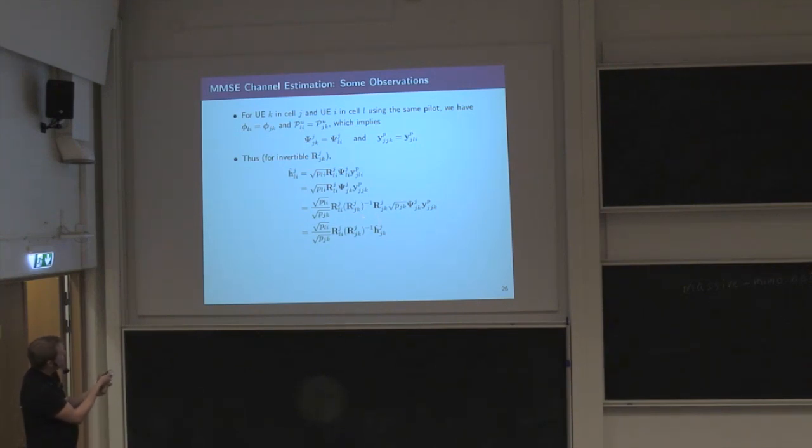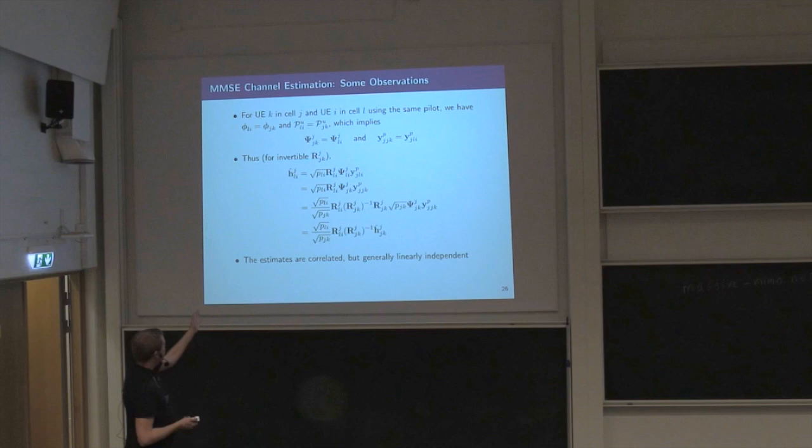The only thing I need to do is take the inverse of a covariance matrix, multiply it with that one, so I remove my own covariance matrix, then multiply with the other user's covariance matrix, and then I rescale for the powers that they're using, potentially different powers, and then I get the other estimate.